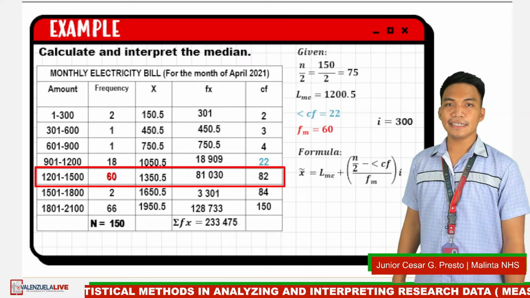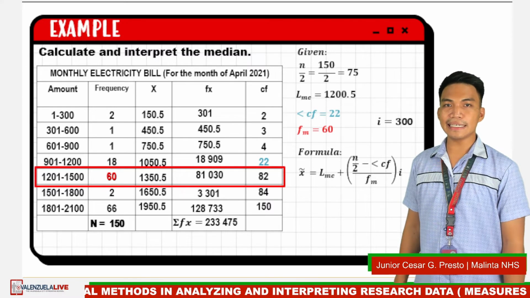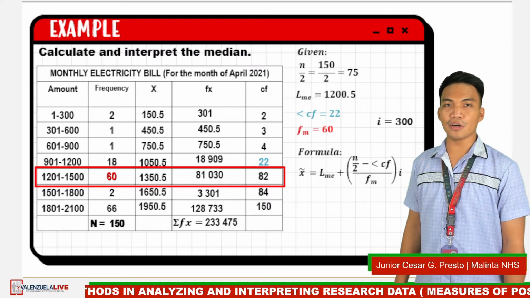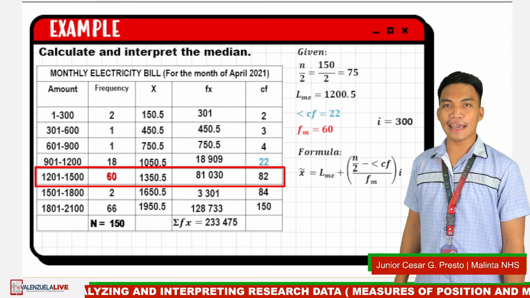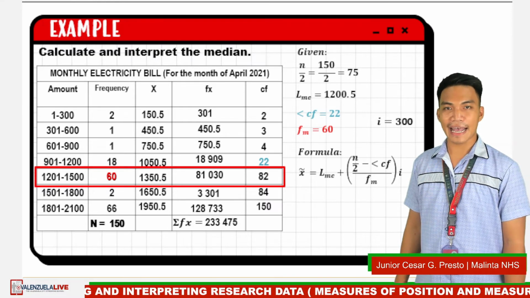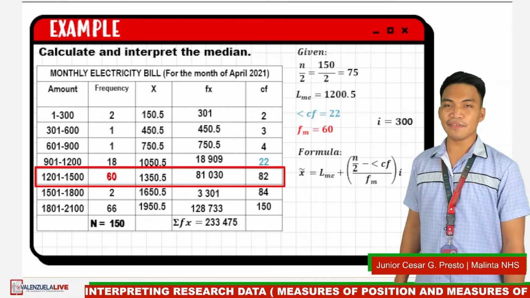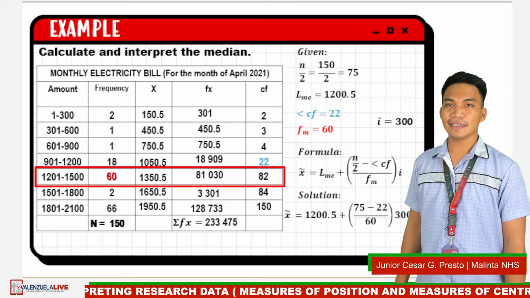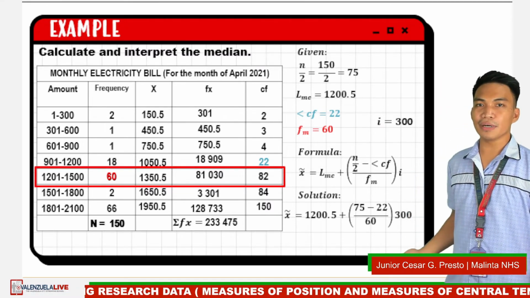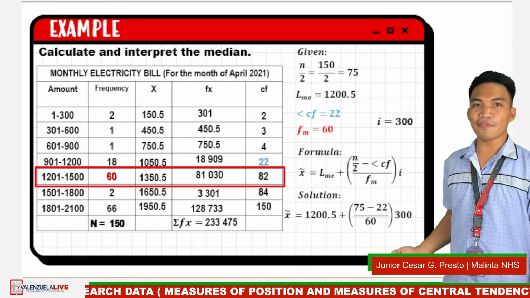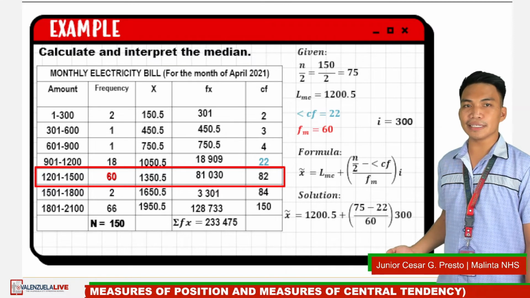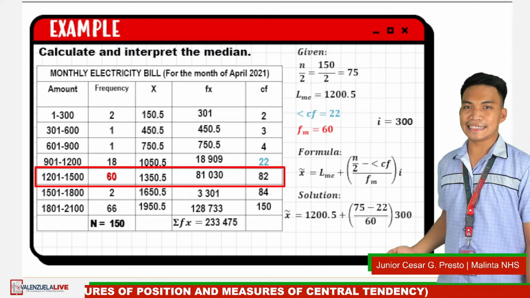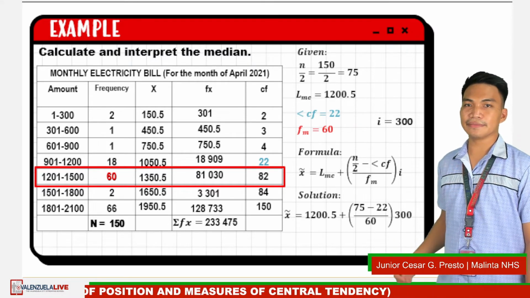X tilde equals L sub MC plus the quantity of n over 2 minus less than CF all over F sub M times i. Substituting the given values, we have x tilde equals 1,200.5 plus the quantity of 75 minus 22 all over 60 times 300.